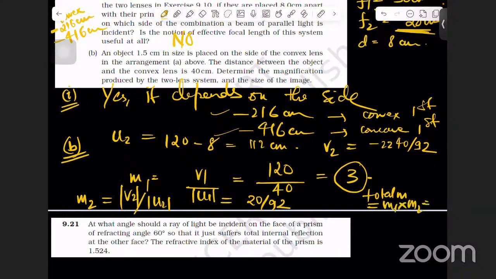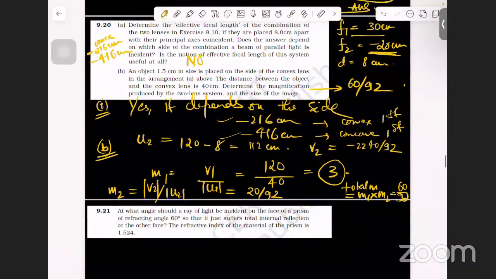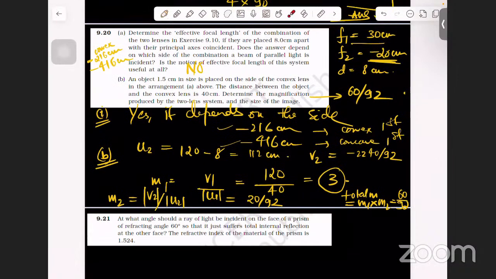M1 into M2, which is 60 over 92. Okay, I guess this is an easy question, just a lengthy one because you have to analyze each case differently, each mirror differently. But it's actually just the application of the lens formula again and again.